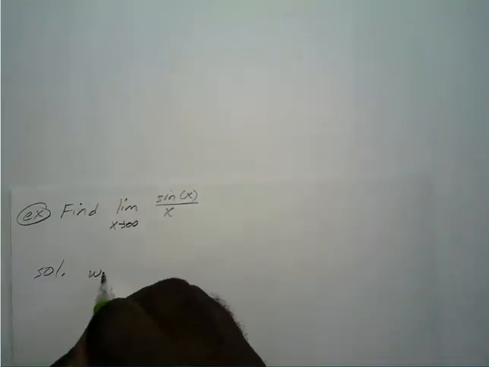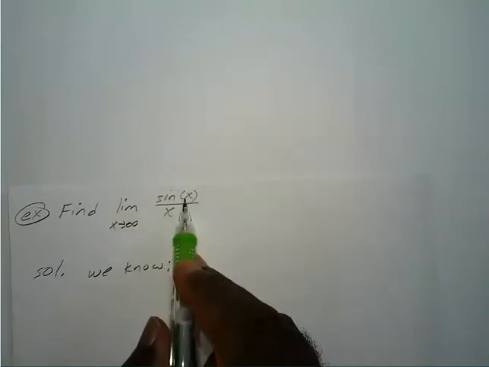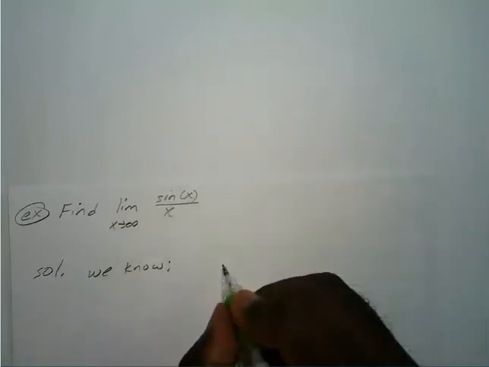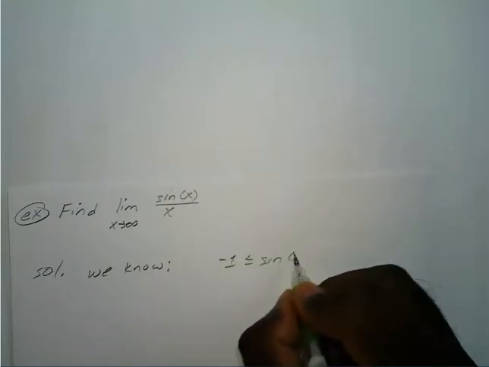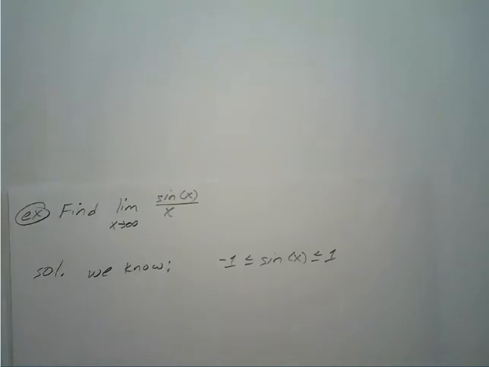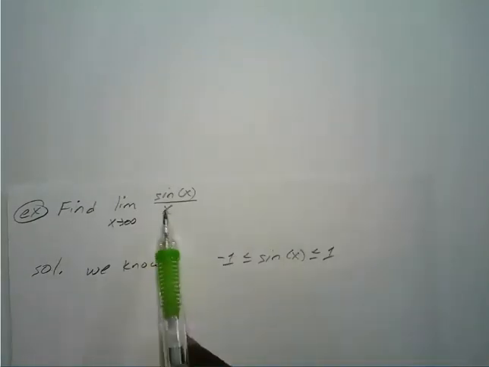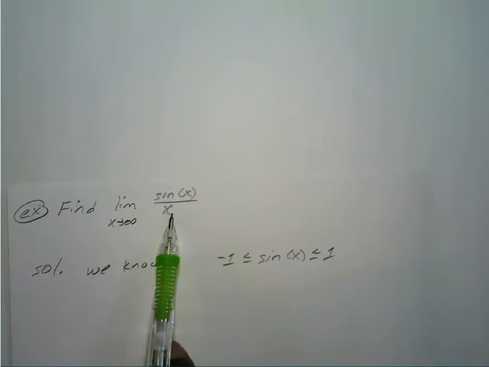We already know that sine of x is going to oscillate between -1 and 1. Now we divide each one of those values by x, because really we want our middle term to be sine of x over x.